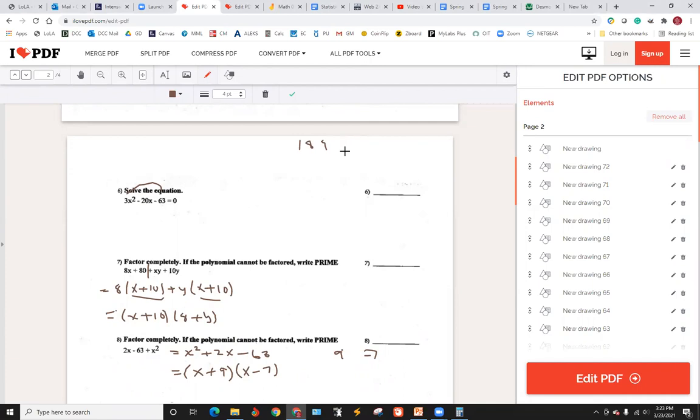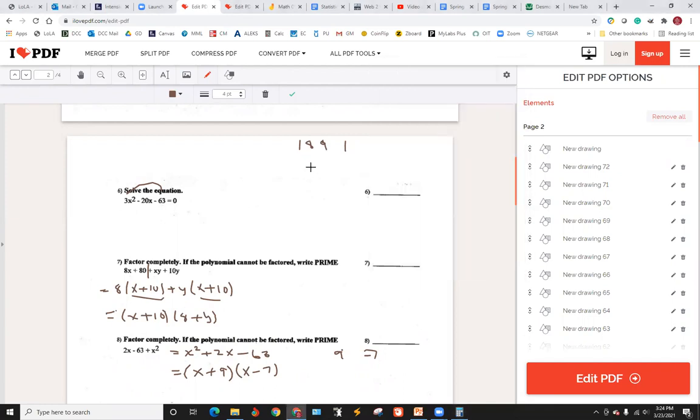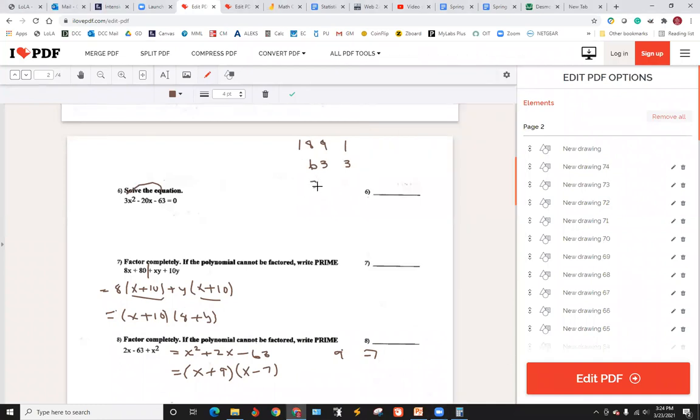So 189 and 1 is the most obvious. Does 189 factor by 3? So that's 63 times 3. We know that anyway, because we just did that. All right, so we need to get these numbers closer together. 63, so let's see, that's 21. And is it 9?